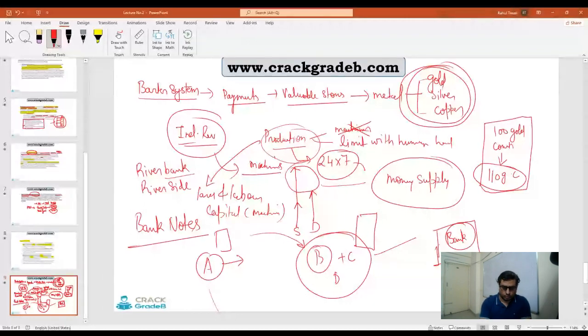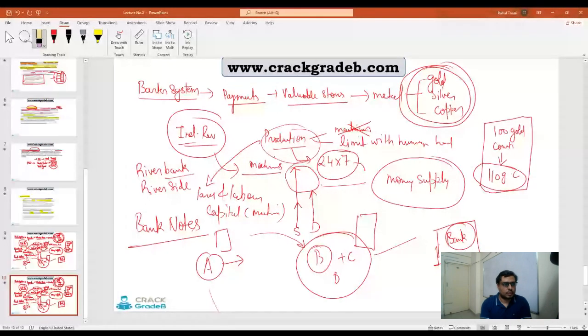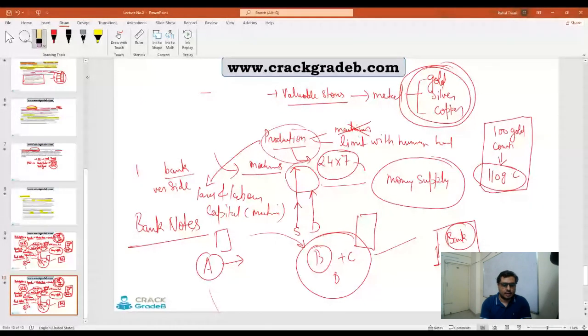All of us know that in India, the Britishers started trade, which means they started financial institutions.